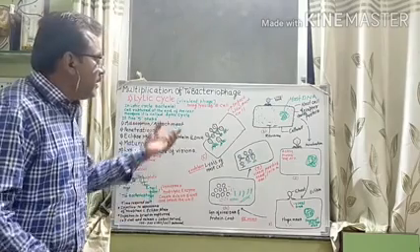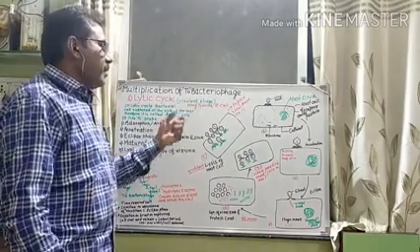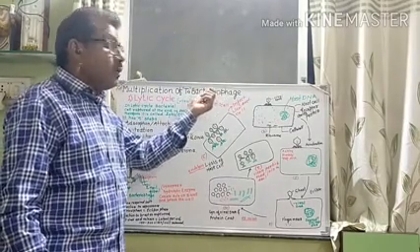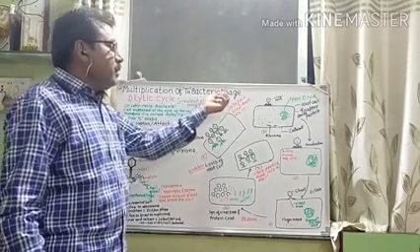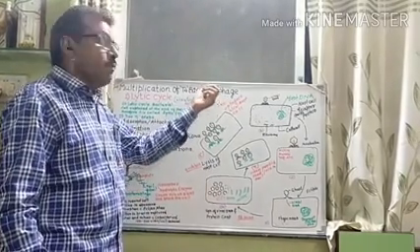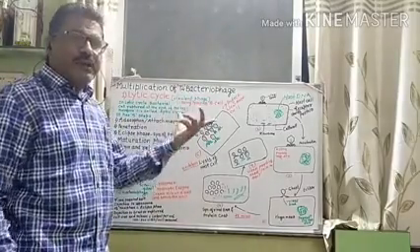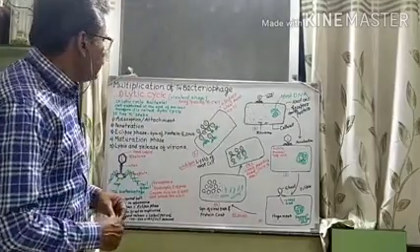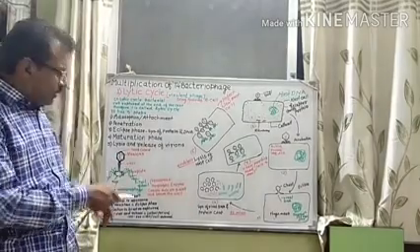The name bacteriophage itself indicates its meaning. Phage means to eat. So these phage particles or virus particles which eat bacteria are called bacteriophages. In the last period we have seen all these structures.